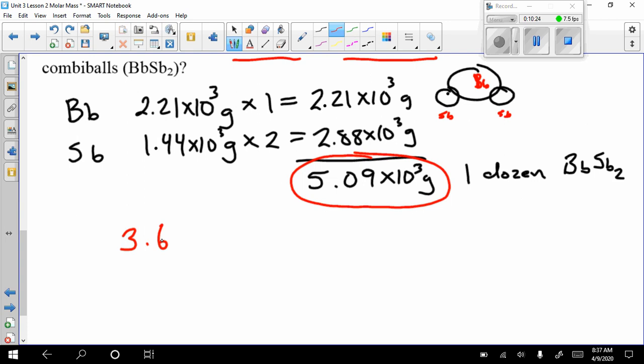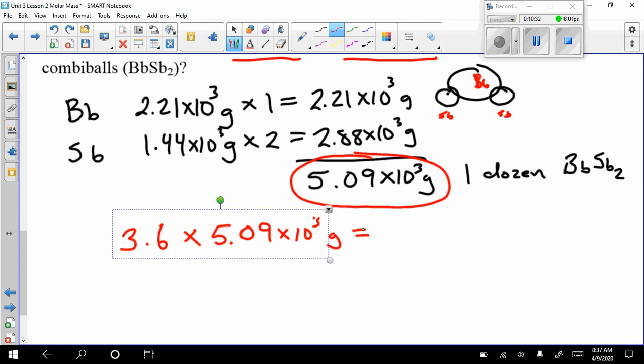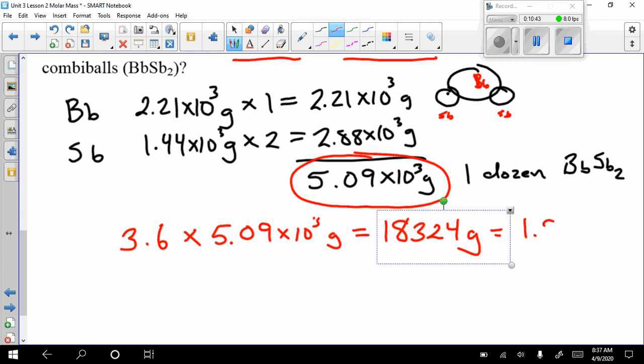Well, I know that 3.6 times 5.09 times 10 to the 3 grams, and when I do that math, I get approximately 18,324 grams, or 1.83 times 10 to the 4 grams.